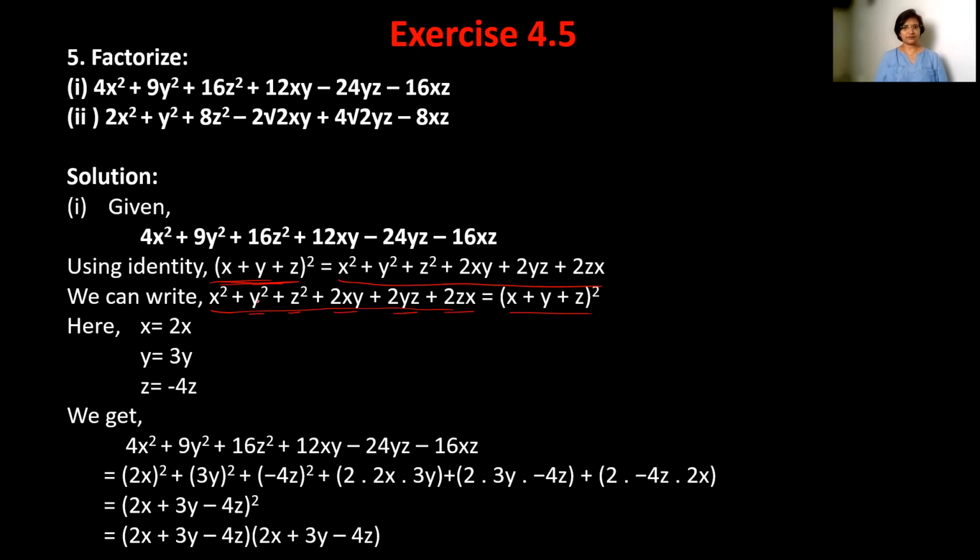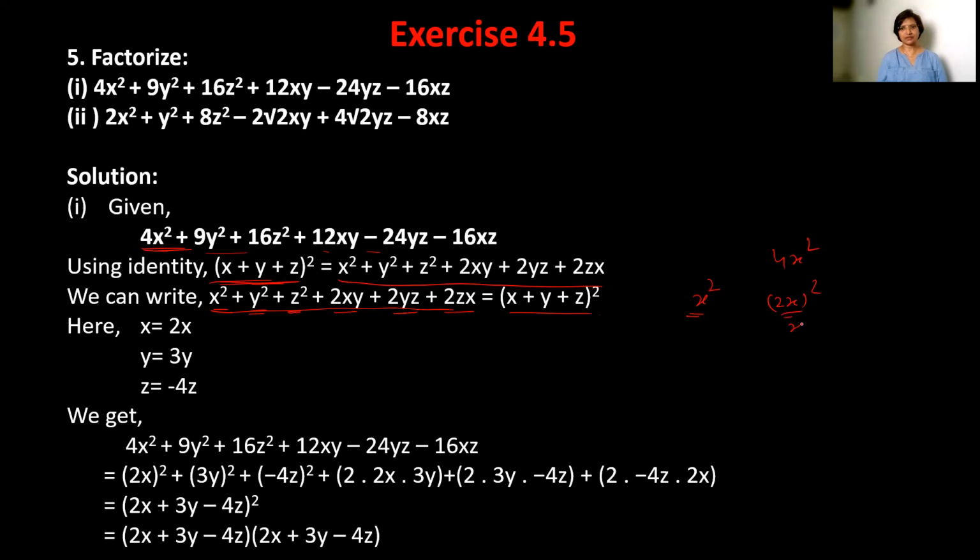So now from the given equation we have to find the values of x, y and z. What is x, what is y, what is z? Here it is 4x square. If you write x square, it is written as 4x square, so you make it (2x) whole square.